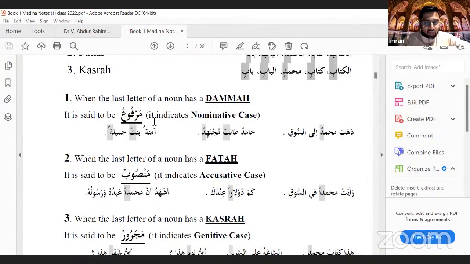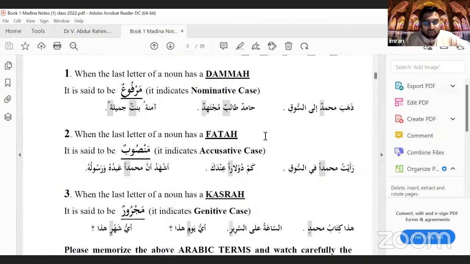So bintun, jamilatun, talibun, mujtahidun, and Muhammadun are called marfu. It means the ending of the noun is a dhamma or a dhamma tanween. And when the noun ends with a fatha, the state of the noun is called mansoob. Ashhadu anna Muhammadan, ra'aytu Muhammadan. So when a noun ends with a fatha or a fatha tanween, it's called mansoob.